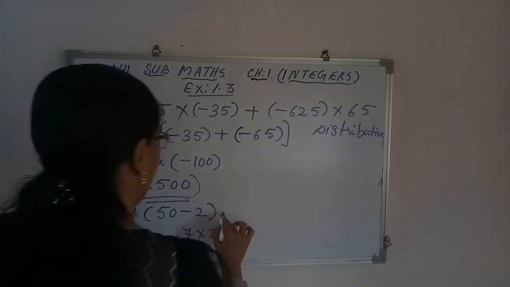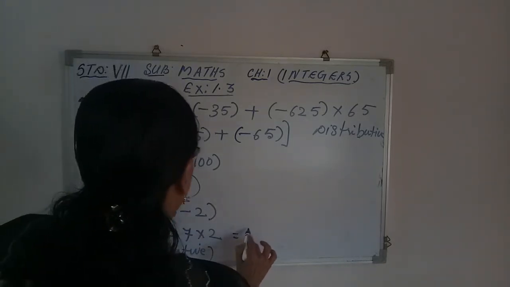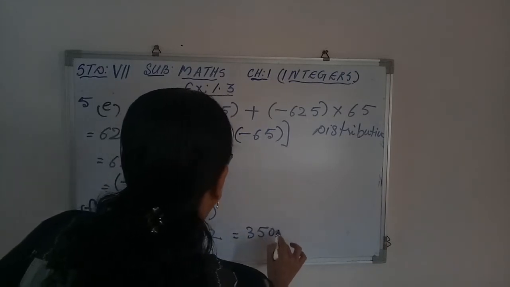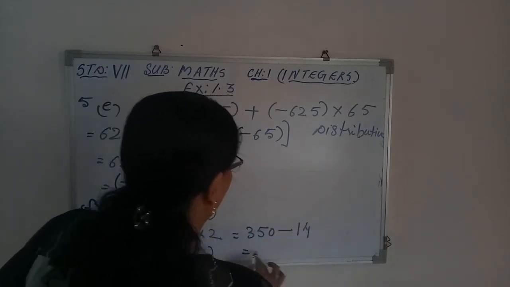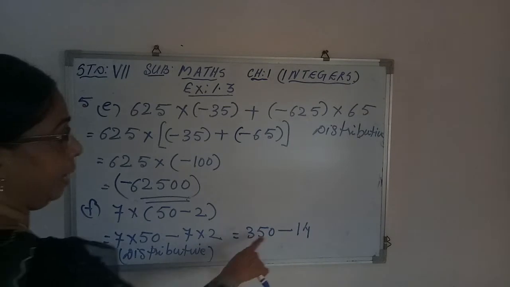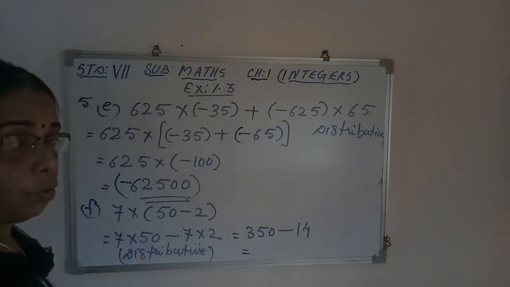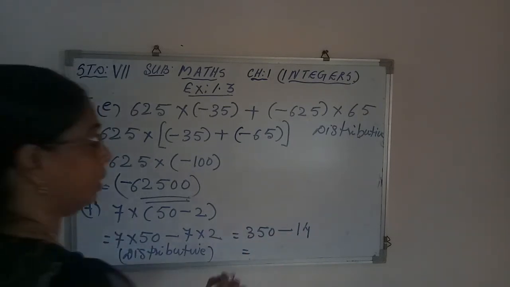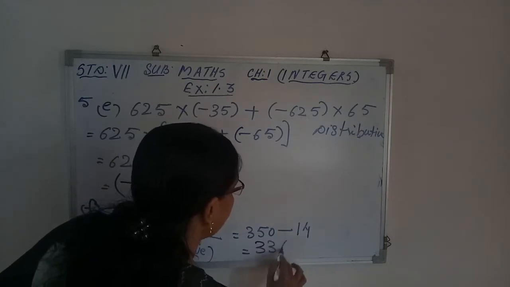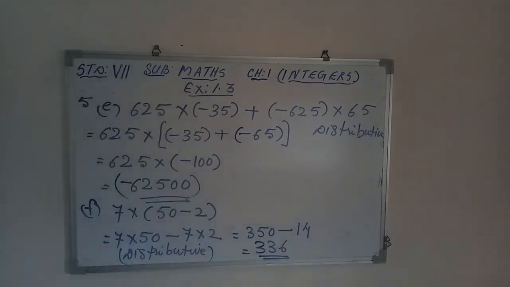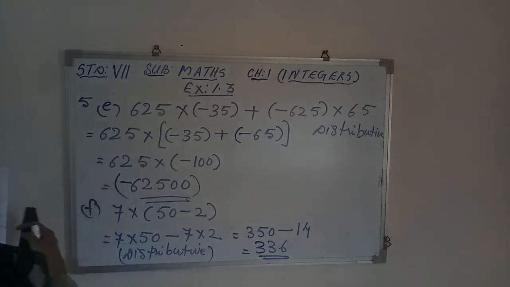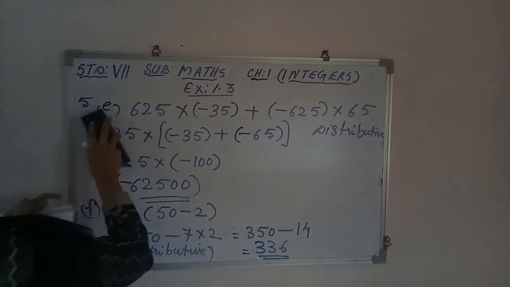Then 7 into 50, 350 minus 14. What is 350 minus 14? 350 minus 10, 340, 340 minus 4, 336. That is the answer. Is that clear? Then next question, that is G.